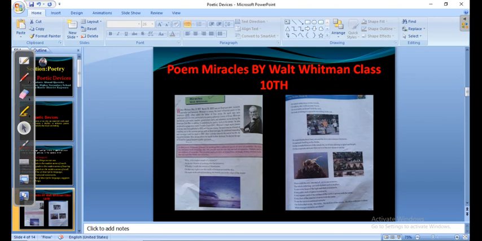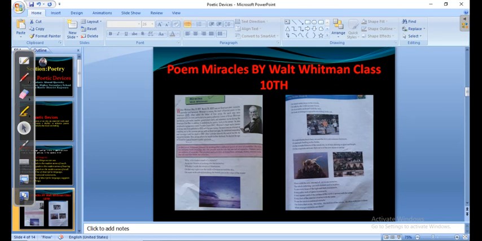I will touch some lines. As to me, I know of nothing else but miracles, whether I walk the streets of Manhattan, or dart my sight over the roofs of the houses towards the sky, or wade with naked feet along the beach just in the edge of the water.